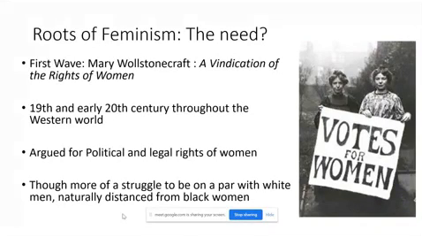Although we call it the first wave, I would say that it is extremely relevant even today. When we come across the very common phrase glass ceiling, I'm sure you all have heard of this phrase.